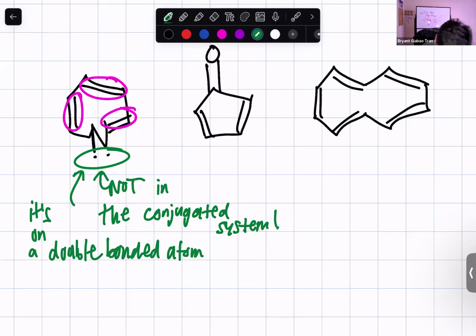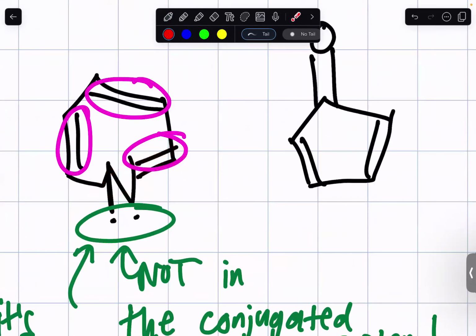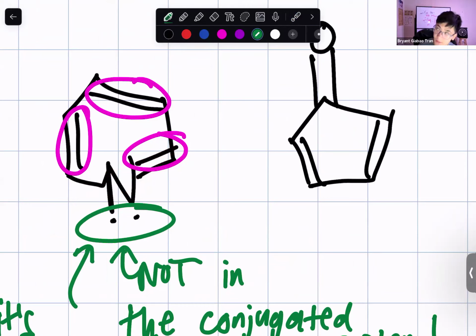This pair of electrons is on the nitrogen that is double bonded. You see that double bond right there? And nitrogen is in the fourth group as well, all right? It should be in the fifth group. Nitrogen should be in the fifth group. I can't forget which group of the periodic table nitrogen is in. I forget sometimes. Yeah, it's okay.